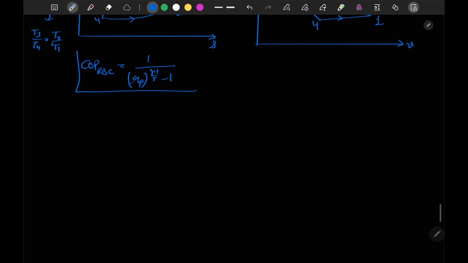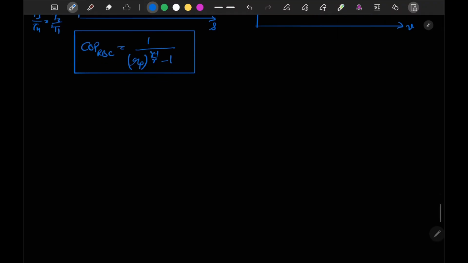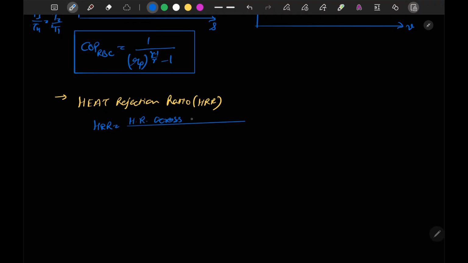One more thing I would like to mention here: heat rejection ratio, HRR. HRR is the heat rejected across the condenser upon the refrigeration effect.